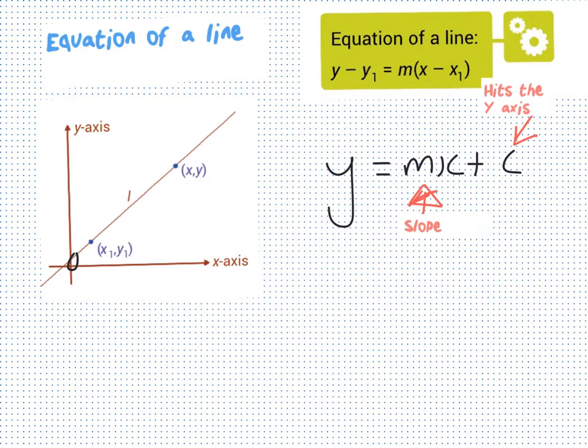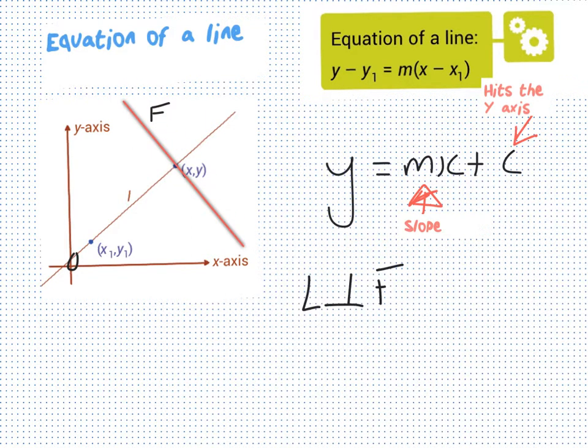We might be given another line and told that this line, I'm going to call it F, is perpendicular to the line L. So we say that the line L is perpendicular to F. Now I can immediately see that the slope for F is definitely negative.